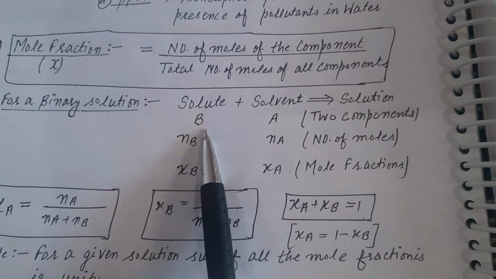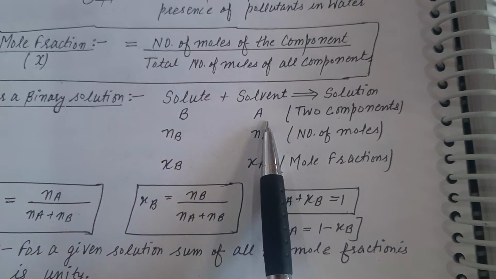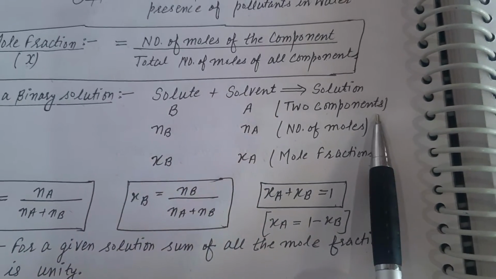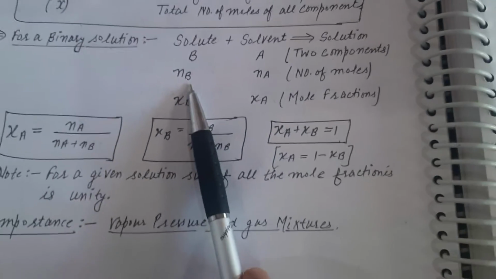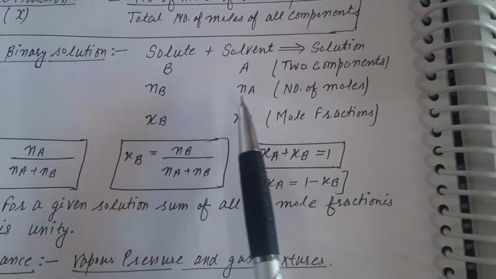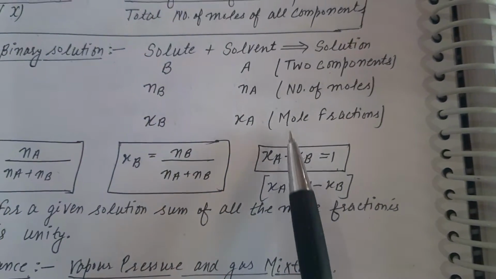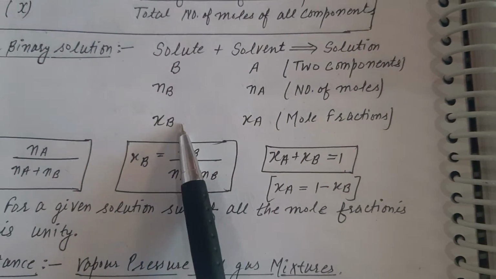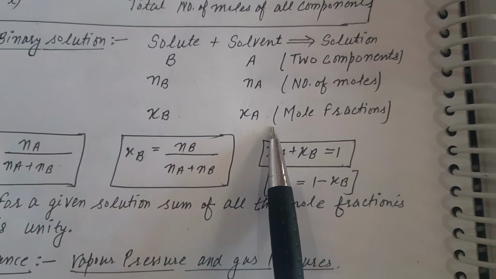Solute can be represented by capital B, solvent capital A. There are two components, so it is called a binary solution. The number of moles of solute is represented by nB, of solvent by nA, and like that the mole fraction of the respective component is represented by xB and xA.